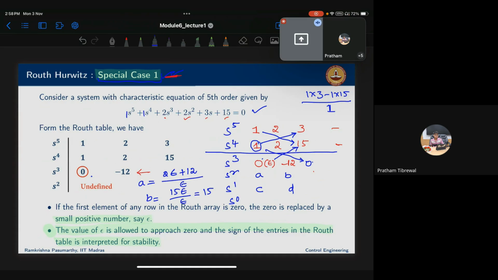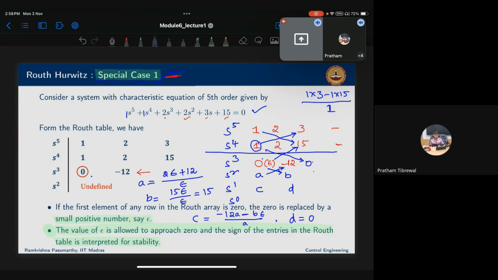What is C? Can you tell me? So C would be minus 12A upon A, minus 12A B epsilon divided by A. Sorry, I am eliminating it again and again because it's zero. That is C. Then D is 0 already.